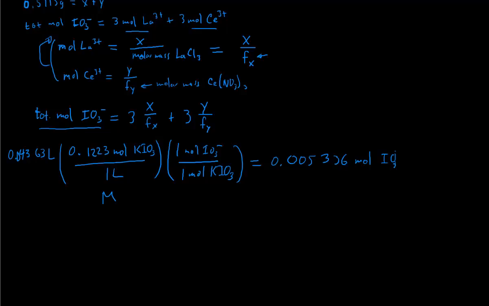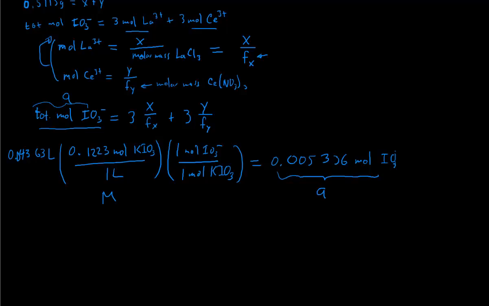Okay, so again, I'm going to use some symbols here. So this is just a constant value, and I'm just going to call it A. So A is just a letter that stands for this thing that we know, the total moles of iodate. So I'm going to rewrite our equation.